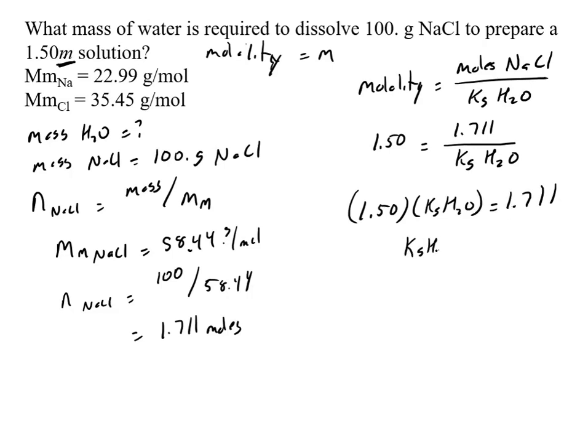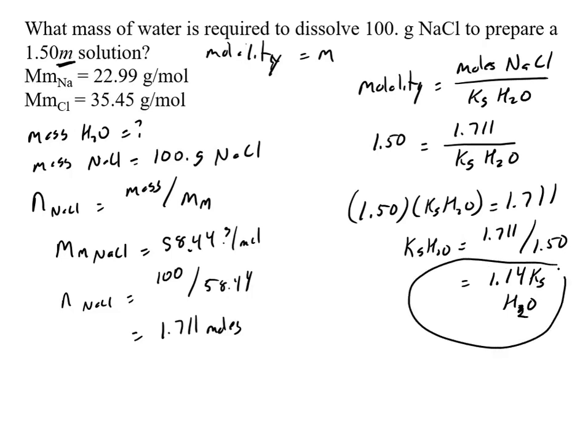So my kilograms of water is going to be 1.711 divided by 1.50. And that gives me 1.14 kilograms of water. It didn't specify it had to be in grams, so I can leave it here, as this is my mass of water. And that is going to be the end of this video.